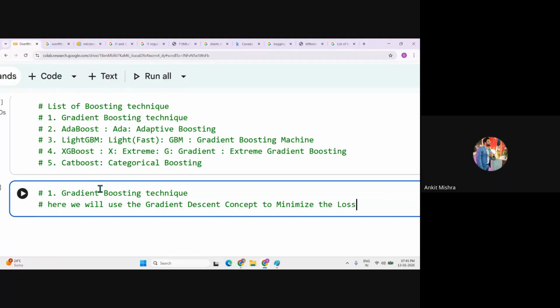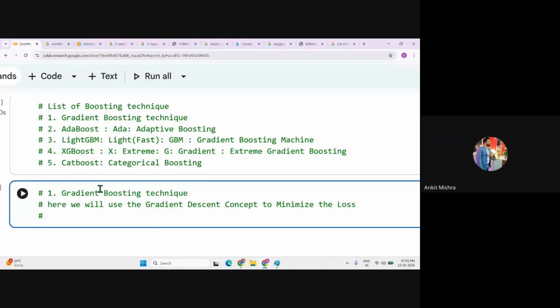And we know that we generally refer to this loss as residuals, right? We can refer to loss as loss, or as cost, and it is y actual minus y predicted. These are called loss, right?